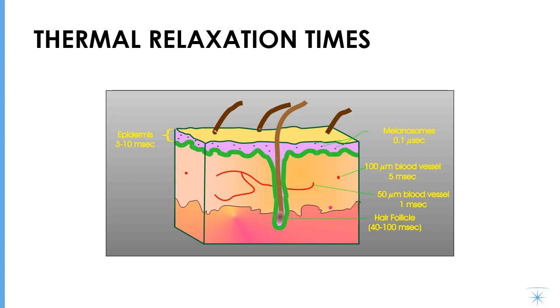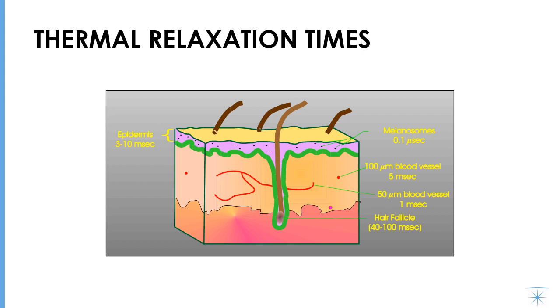Also the blood vessels, if you are trying to treat small fine blood vessels with 50 micron diameters, the thermal relaxation time is 1 millisecond, whereas for 100 micron blood vessels the thermal relaxation time is 5 milliseconds. So again, the thermal relaxation time is going to be different according to the size of the chromophore.